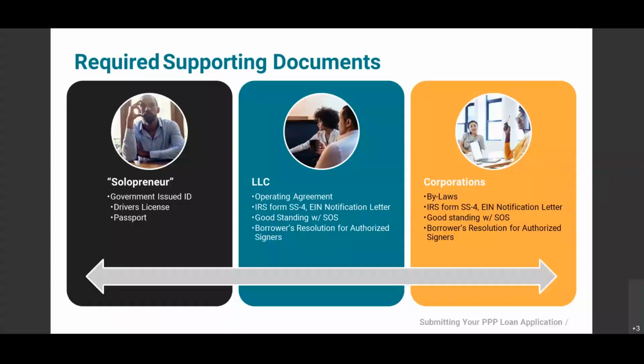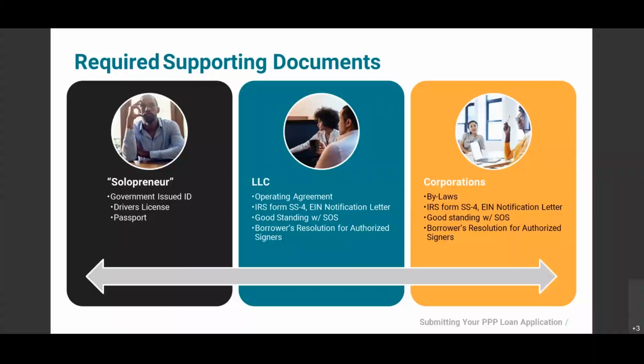In case you can't put your hand on it, we'll provide some information on how you can access a replacement of that so that you'll be able to upload that document along with your application. Then there's what's called the Certificate of Good Standing. This is a document that you can get from the Secretary of State. Usually if you're a corporation, every year you have to pay an annual registration fee for your organization.